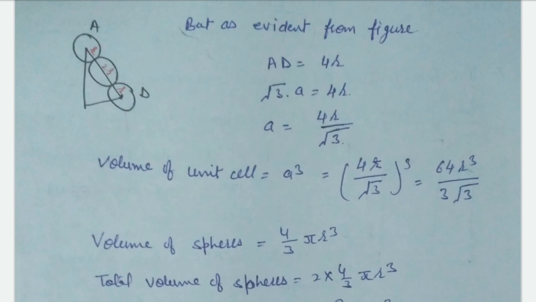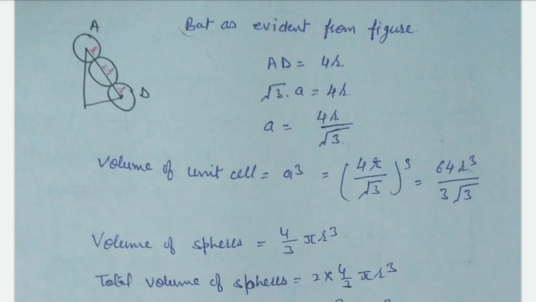Therefore, it is 4r. Then AD is equal to 4r. Root 3 a is equal to 4r, so a is equal to 4r by root 3. Volume of unit cell, we know, is a cube. Putting this value in a, we find out 64r cube upon 3 root 3.